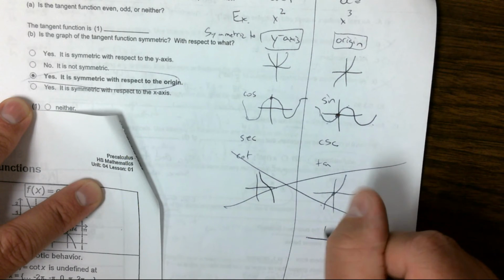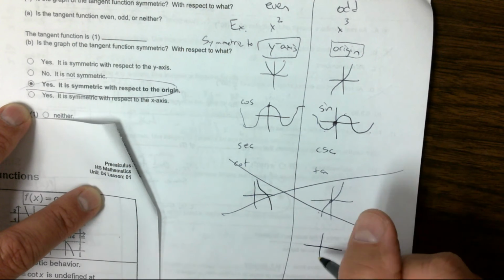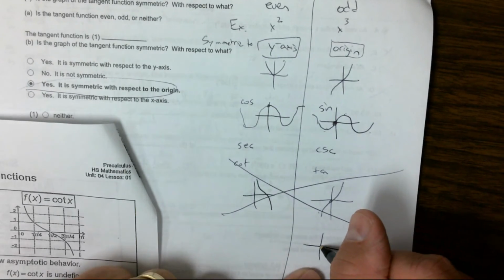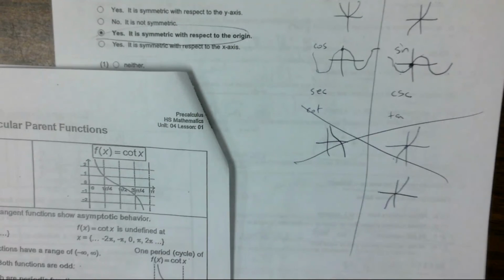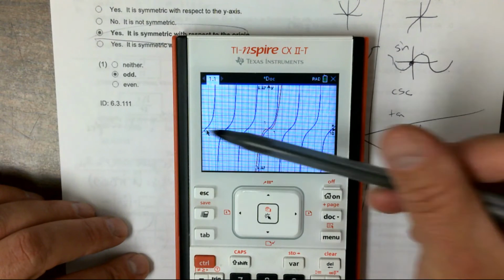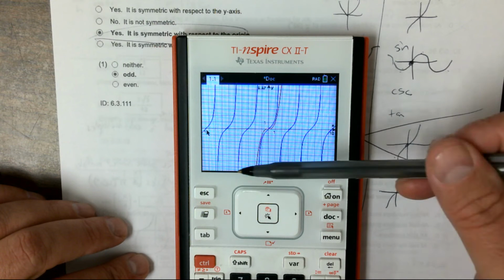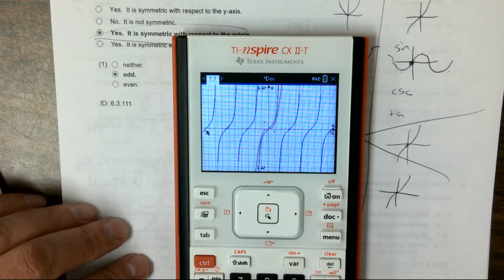So tangent in a limited domain, which is what I was wondering about, whether it is or not. In a limited domain, it is. Let me just take you through my quick thought process. I was thinking, well, no, it's not, because it repeats so many times. But actually, yes, it is, because that matches up. That one, and so forth. So it actually does.